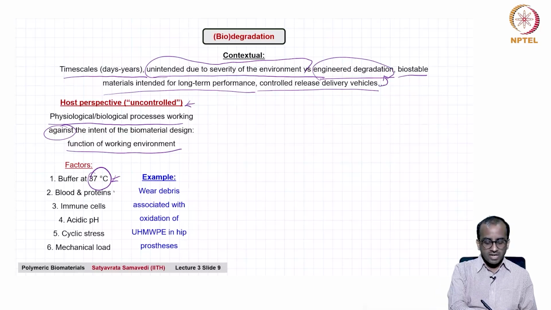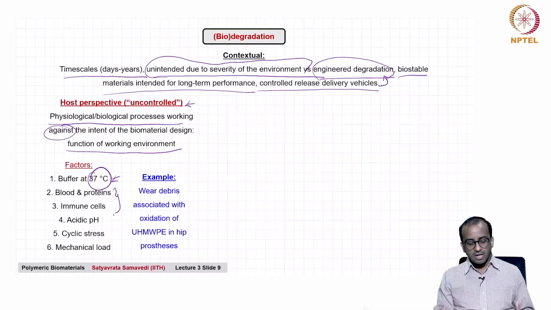Of course, the body has proteins in the blood which will adsorb onto the material, and using the adsorbed proteins, immune cells will recognize the material as foreign. So, they will come and attach, and they will initiate a series of processes.